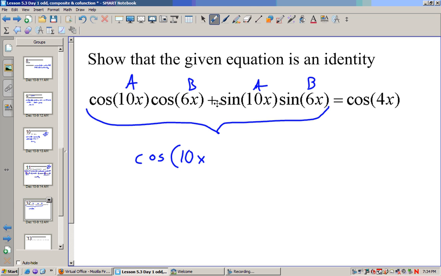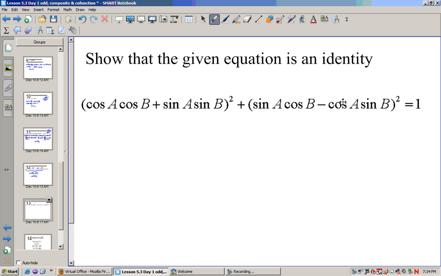Notice how this is, since that's an addition sign, in cosine this would be a subtraction. This is in the form of cosine of A minus B. That's how we would expand or bring back this. So 10x minus 6x is just 4x. So we got from that to this in 2 easy steps, cosine of 4x.